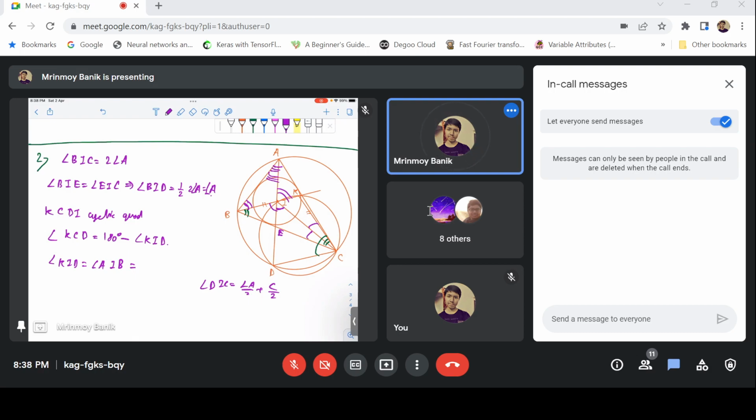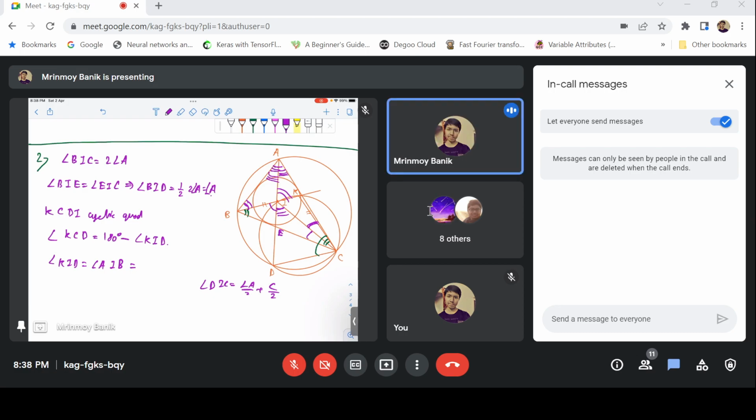Okay, DIC. So you mean this angle? Yes, this is equal to angle IAC plus angle ICA, right? So it is basically A by 2 plus C by 2.